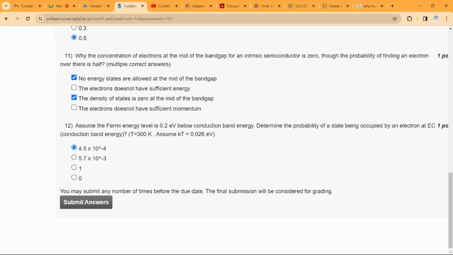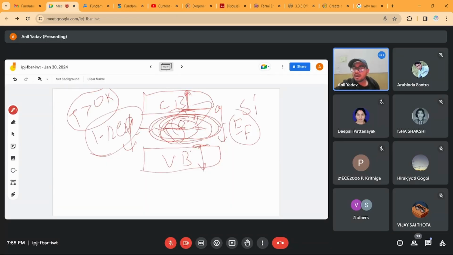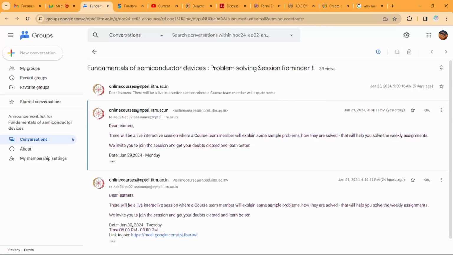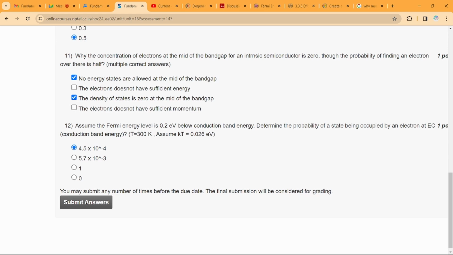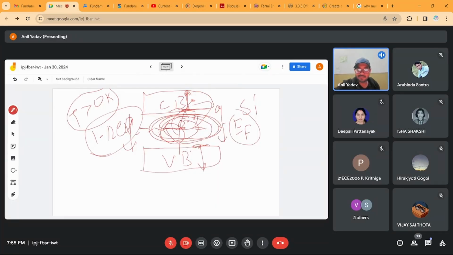So the electrons do not have sufficient momentum because there are no states. There cannot be electrons in the states. Whatever it is, they are saying the momentum is sufficient because it is already still going from the conduction band to the valence band at room temperature. In silicon there is a density of electrons in the conduction band, about 10 raised to power 10 per centimeter cube.